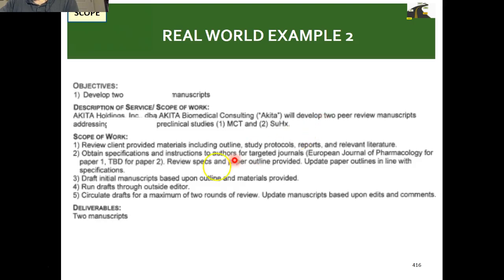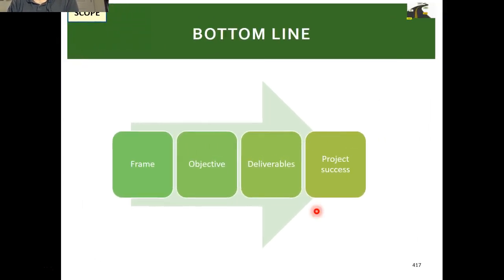I'll just create them. Okay? And as you look at it, what it says is draft initial, run drafts, circulate drafts, update. Right? So your language and your scope of work are very critical. I did this because a client was being very tight in their budget, and we put a lot of stuff in the back end.